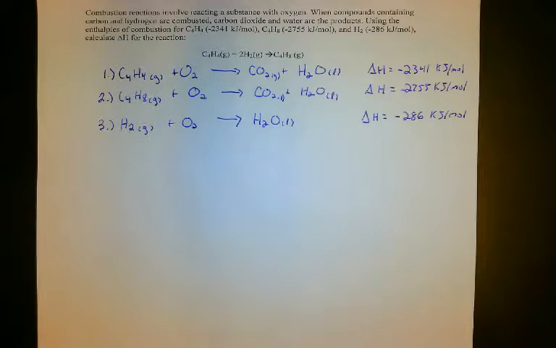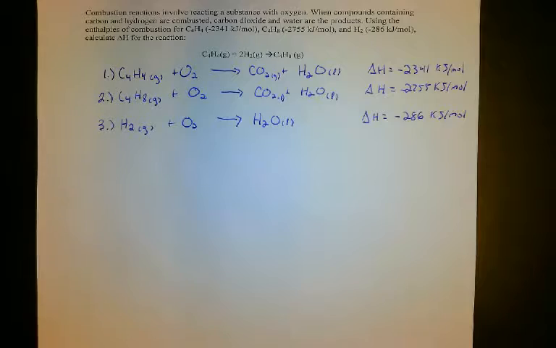So in this case, the thing we really care about is the C4H4, so it has to stay at 1. And then the other one is C4H8, which has to stay at 1. So let's look at 1. To balance it, how many CO2s do I need? 4.